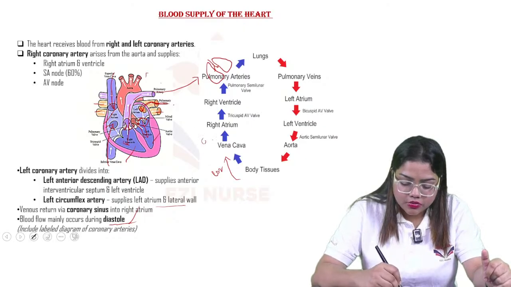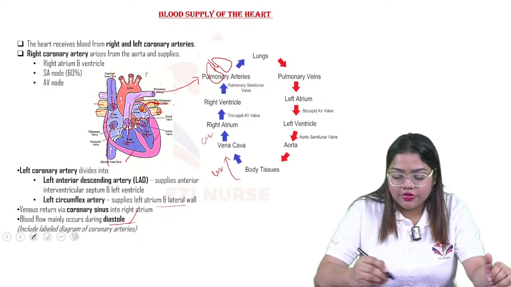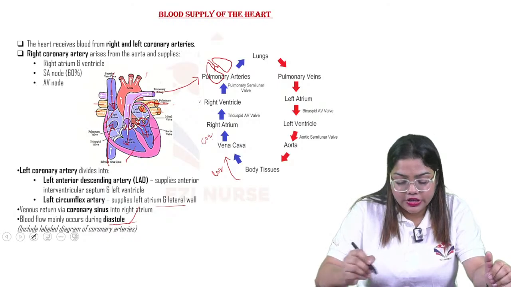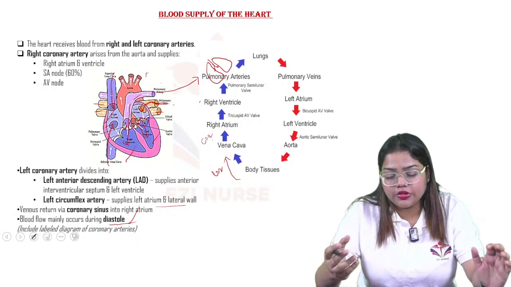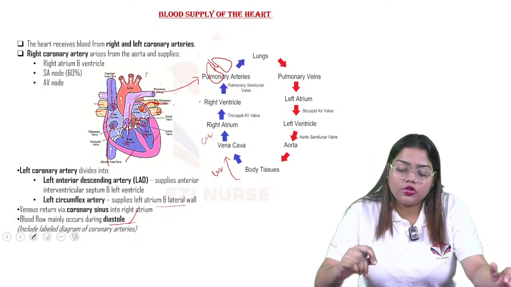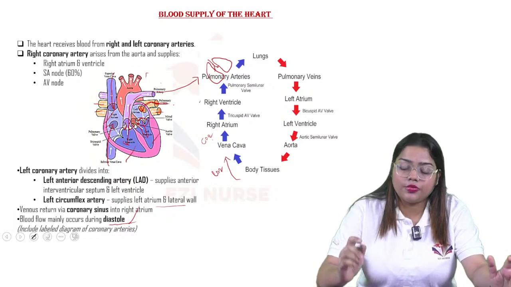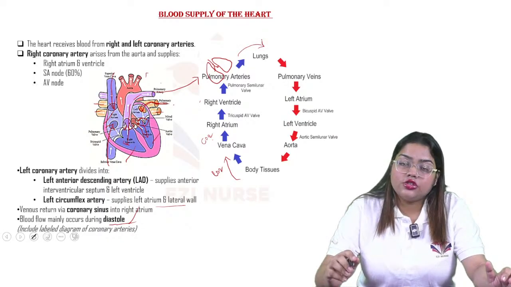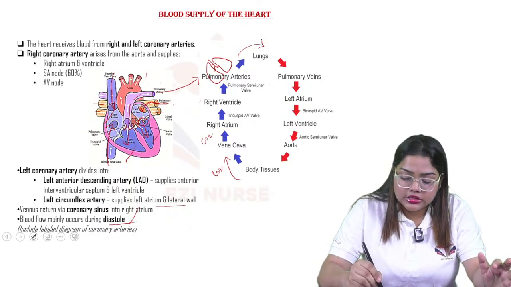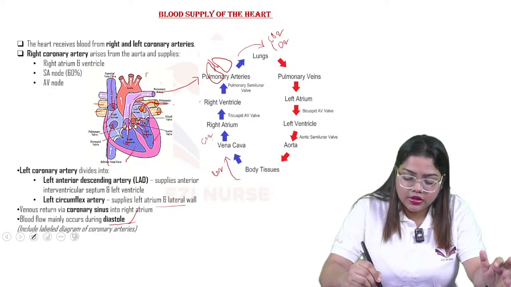Then it will pass through the ventricle, again through the pulmonary semilunar valve, and go to the pulmonary arteries, and from the pulmonary arteries it will be sent into the lungs. In the lungs, CO2 and O2 will be exchanged.